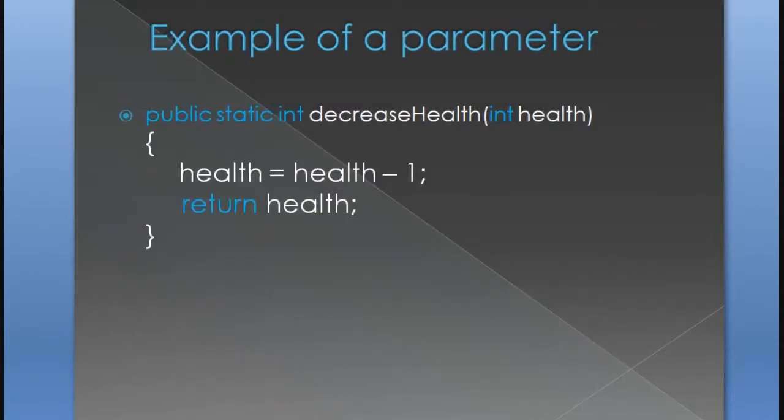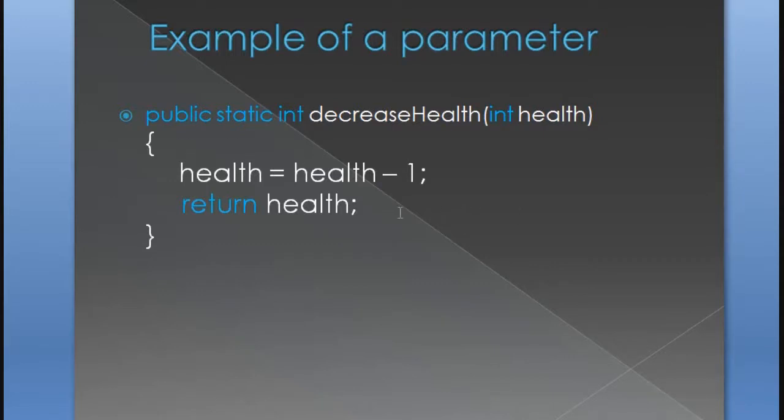Okay, here's an example of a parameter. We have public static int. This returns an integer value. Then the method name, I called it decrease health, and I send it a health value, and it makes a parameter, a locally defined variable health of type int. So what I can do now is use that inside of this method.